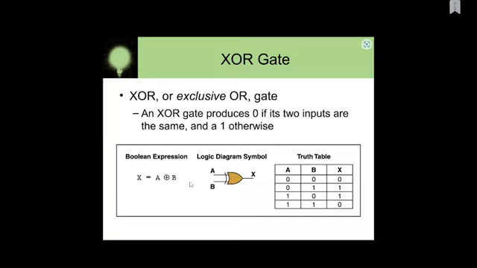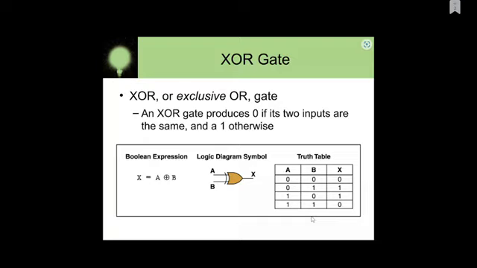This is the Boolean expression of the exclusive OR gate, this is the logic diagram of the XOR gate, and this is the truth table. The output of the XOR gate is the modulo sum of its two inputs. A and B are the inputs, X is the output.